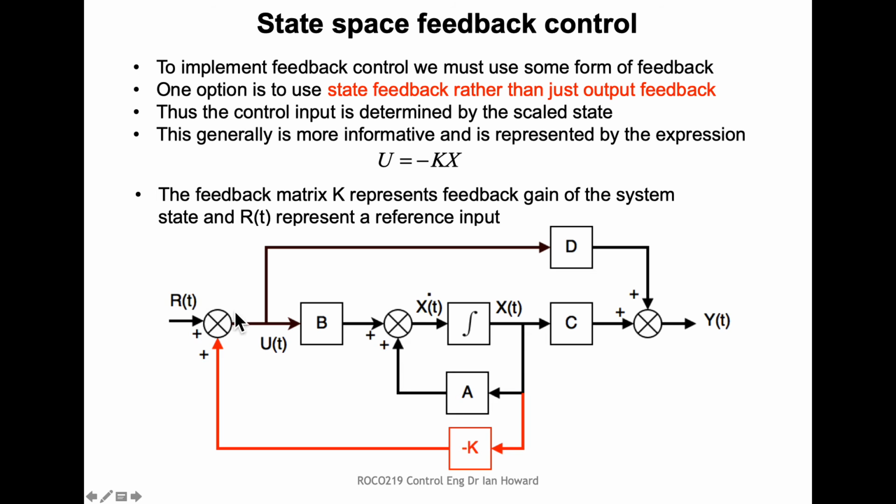And like I said, there's a control input which can be 0 if that's the reference we're trying to achieve. But we're now feeding back the full state. We're not feeding back from y, the output. y could only be a slight representation of what's going on inside the model, whereas if we have x, the full state of the system, then we're feeding back as much as we possibly can. And that's got some very nice, elegant properties when we start doing that.